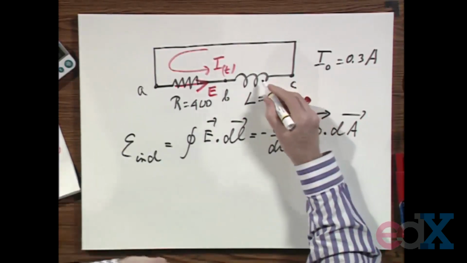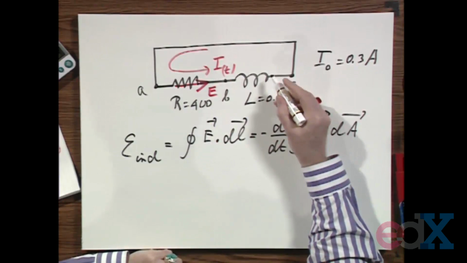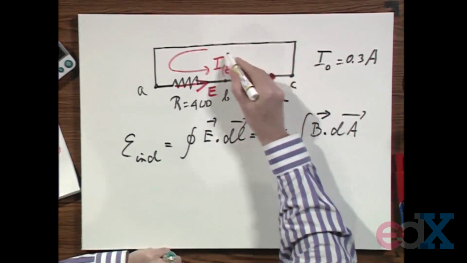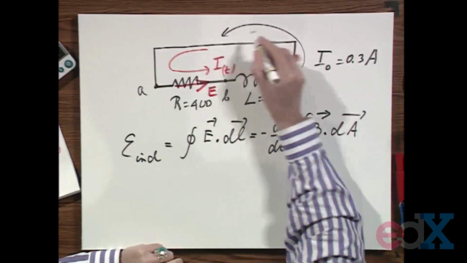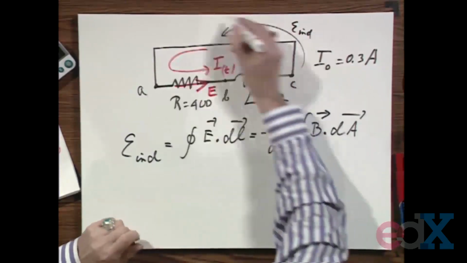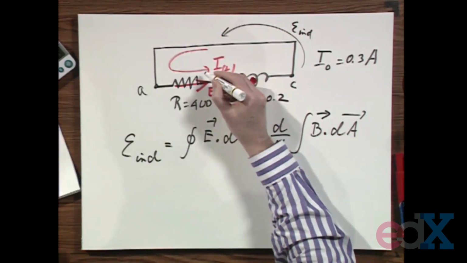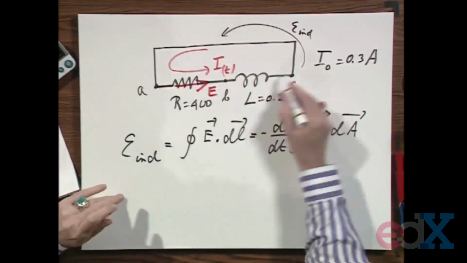I already know, by the way, that this current is decreasing, so clearly what the self-inductance will do, it will try to keep the current going in this direction, and so it will try to introduce an E-induced in this direction to keep the current going. It fights the decay of the current.